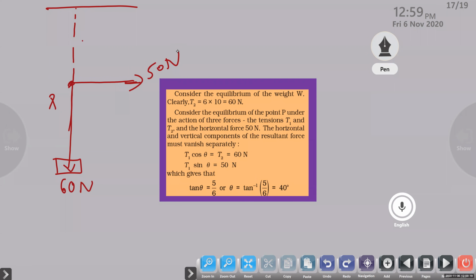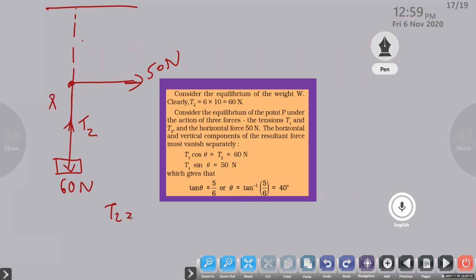When 60 Newton is applied upwards also. Upwards. So in the picture, what is given in the textbook or the question, the upward force which is acting against 60 Newton is T2. Is it okay? Clear? Yes, ma'am. So now what is T2? Now you got it.